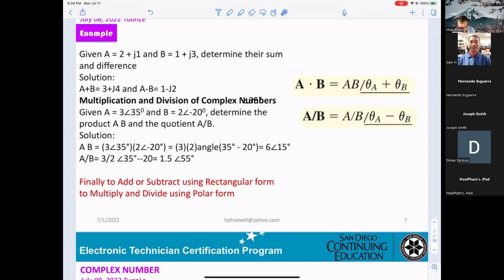Okay, finally, you add or subtract using rectangular form. You multiply and divide using polar. You have to follow that rule.